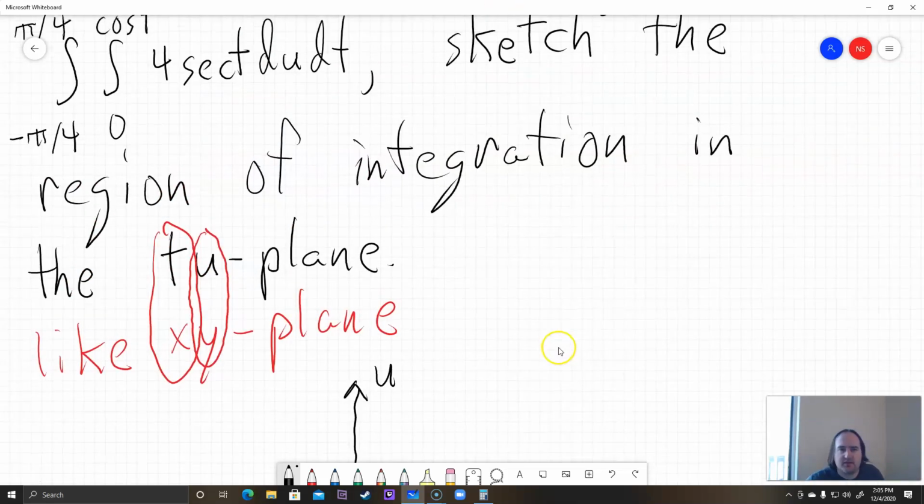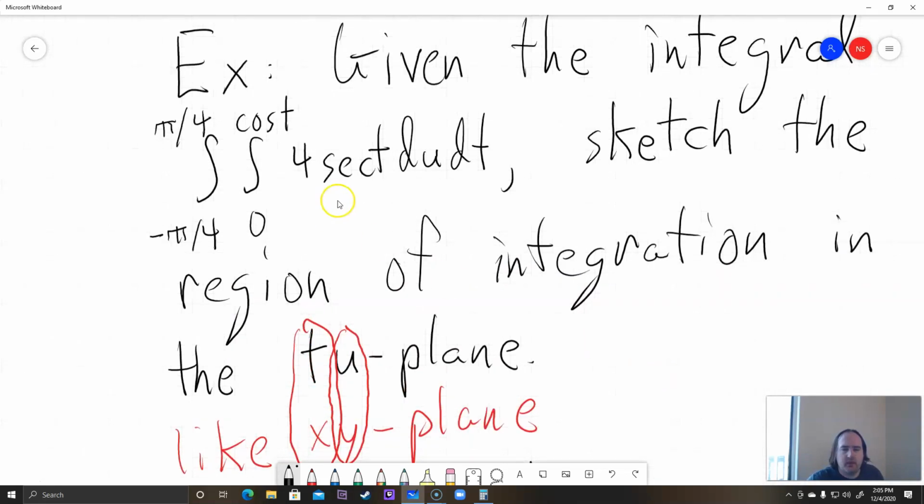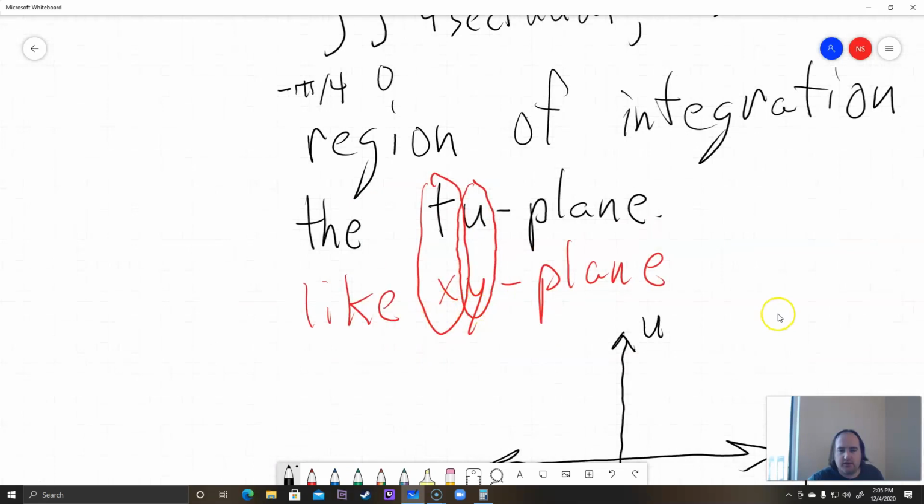And when they say sketch the region of integration, they really only mean you need to look at the limits of integration. You don't actually have to look at the 4 secant of t because that's inside of the integral. What you have to look at is this integral and that integral. So this is a double integral, and the inside variable is du, and u is like y.